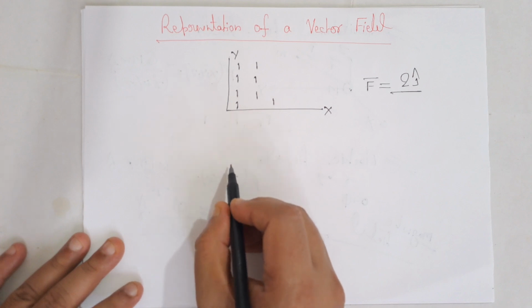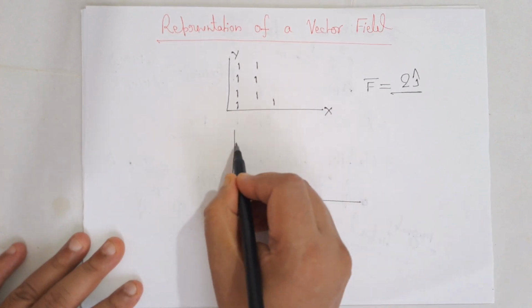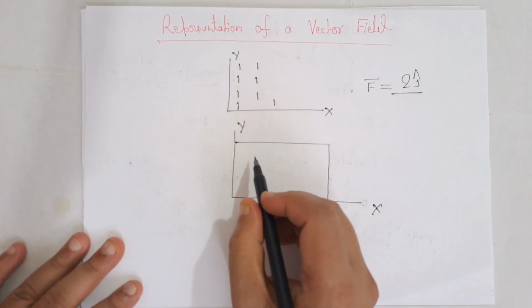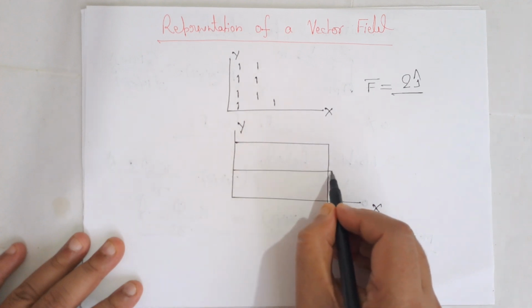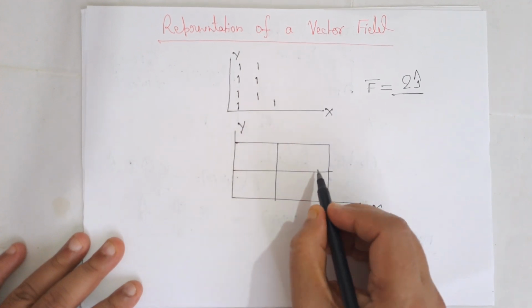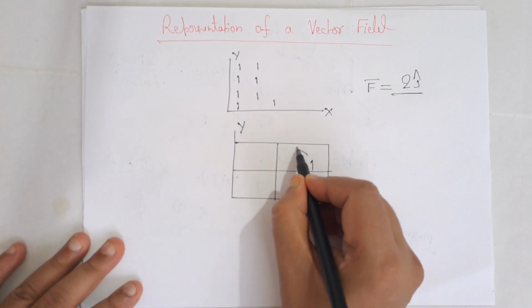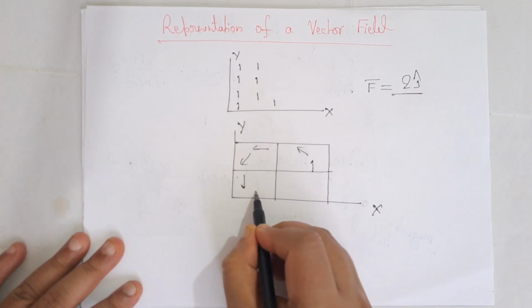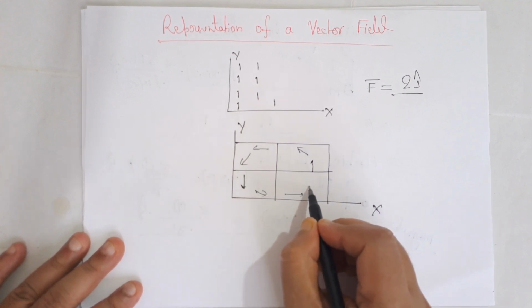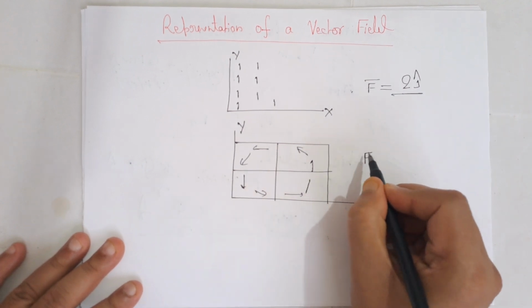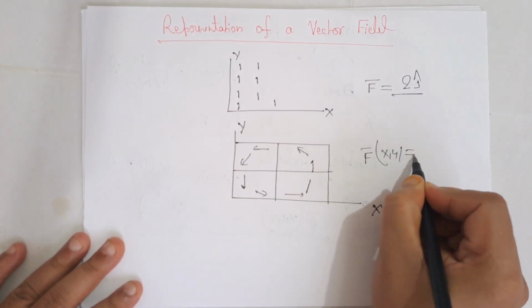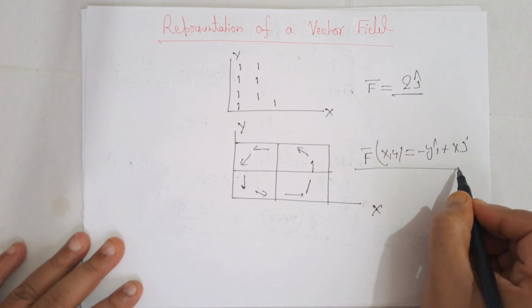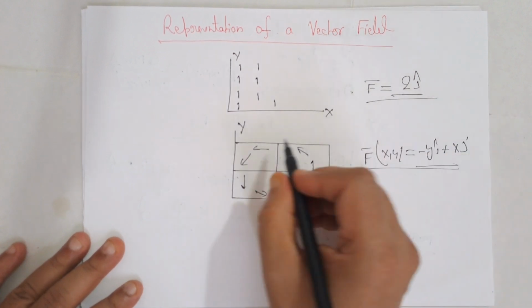Or another example of vector field, this is x, this is y, this is also a representation of vector field F(x, y) equal to minus y i plus x j.